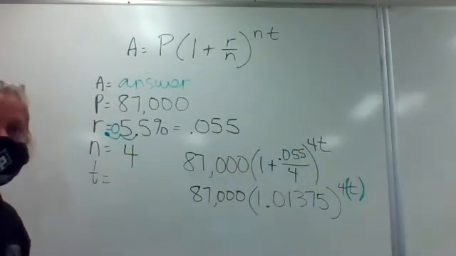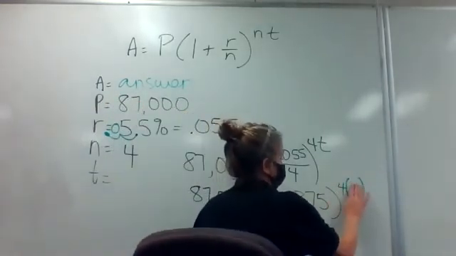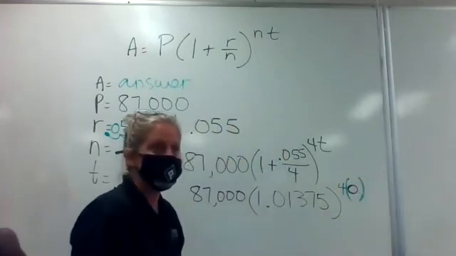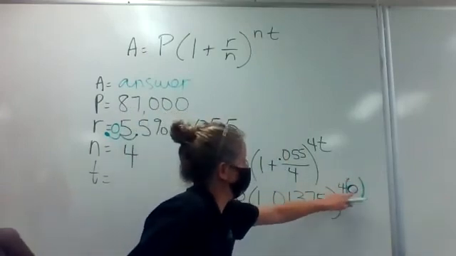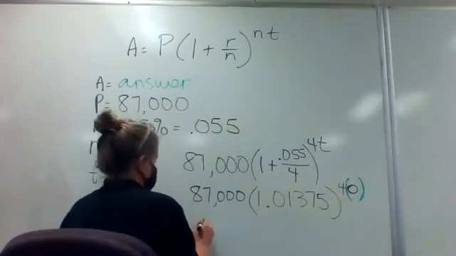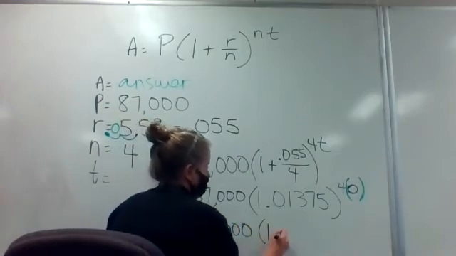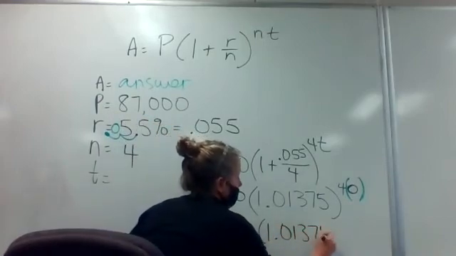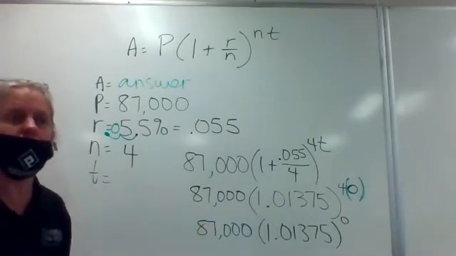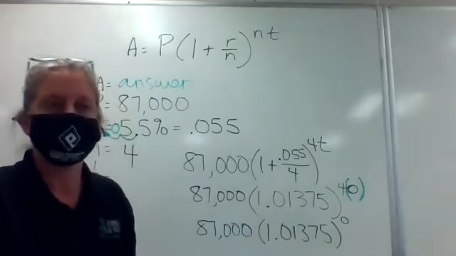If I put 0 there, what does that change the exponent to? 4 times 0, which is 0. So now I have 87,000 times 1.01375 to the 0 power.